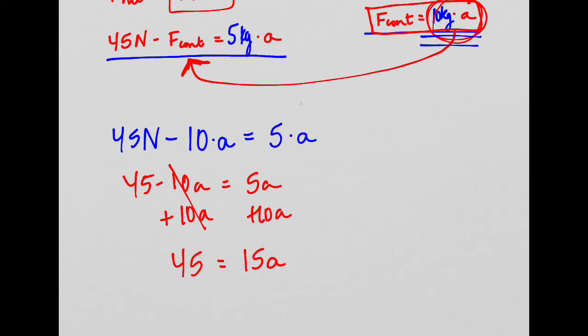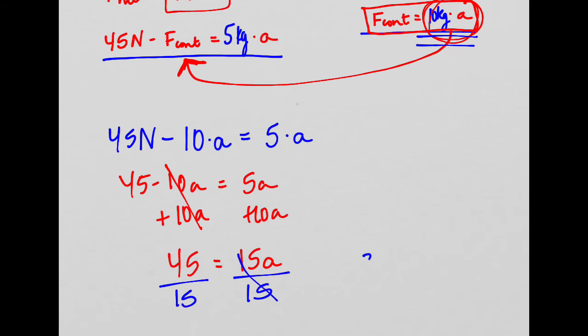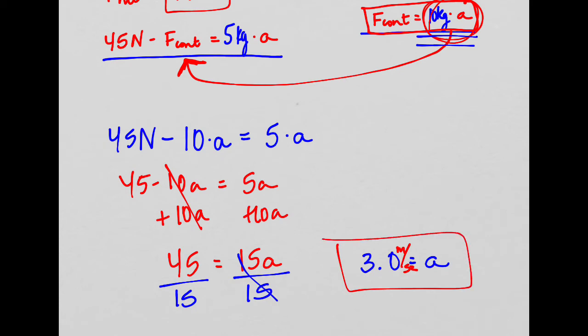To isolate A, I divide both sides by 15. And I get that acceleration equals 3.0. I know that my units are meters per second squared because I'm talking about acceleration. Woo! Okay, so that is the way that we can solve for acceleration for the second method.